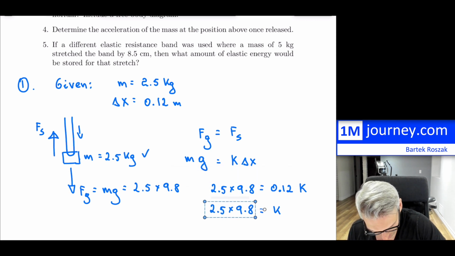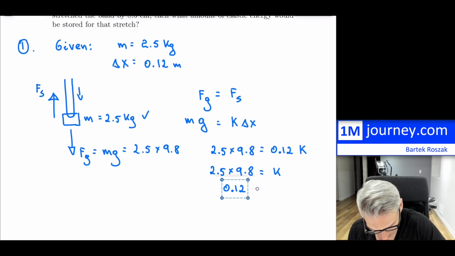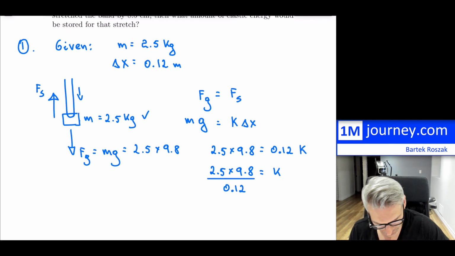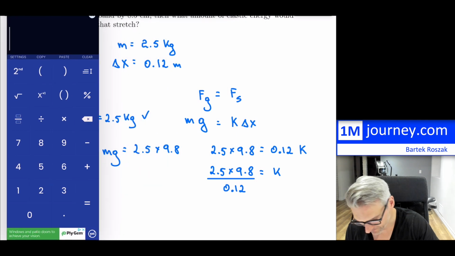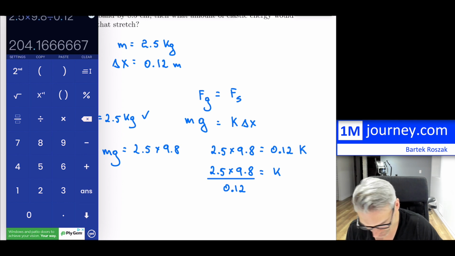So I'm going to duplicate this back in. So this is going to come down right below there. And we have our k. All right. So let's jump this in. So 2.5 times 9.8, and then this is divided by 0.12.